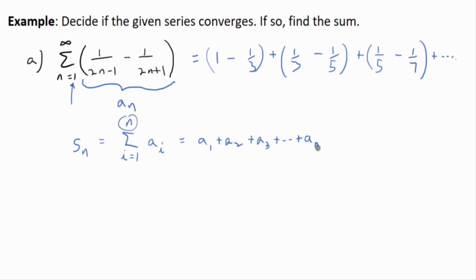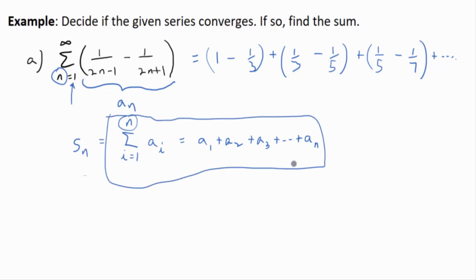I have to switch to i here for what I would call the index. Now we're using n as the upper number that you plug in. Here we're using n as our index, and here as our upper number. It's irritating, but most books do it that way, and you just have to get used to it. If we use this format, we'll have an end value here, and that could be useful.